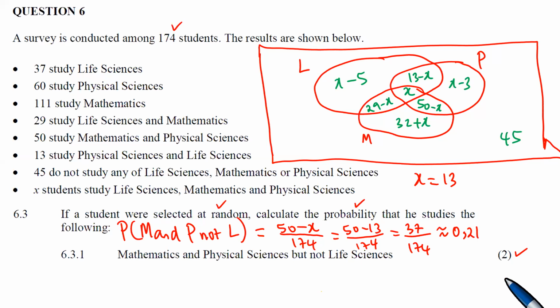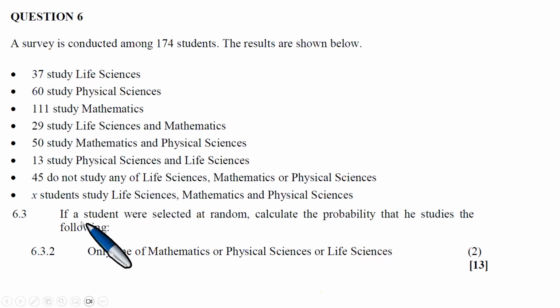Let's look at 6.3.2. Let's look at more probability calculations. If a student was selected at random, they go to the group of students, to the class, and choose one student at random. Either it's a boy or a girl, it doesn't matter, they just choose one.